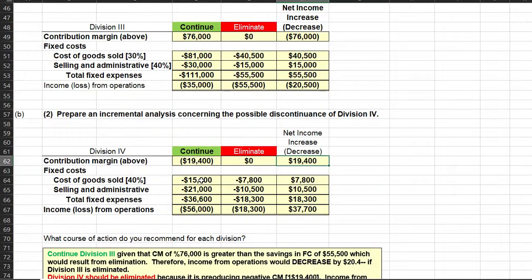We have $15,600 of their fixed cost that goes to cost of goods sold. One half of that would still be there if we were to eliminate, and so there would be an improvement in the net income of the corporation by $7,800.